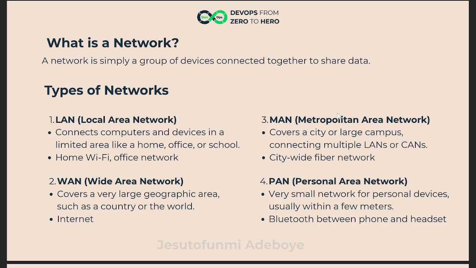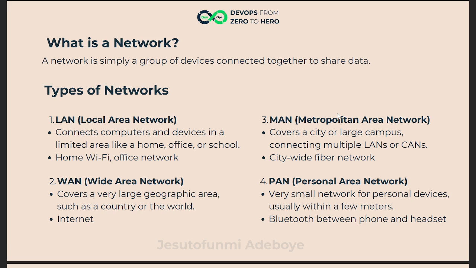All right. So now, when we say network, what is a network? You can ask yourself that. A network is simply a group of devices that are connected to share data, and it is that simple, right? It is a group of computers or devices that are connected so they can share data and resources. Let me give you an illustration.